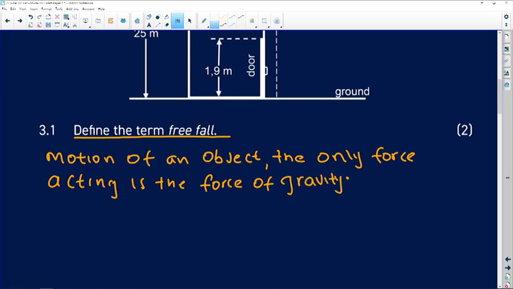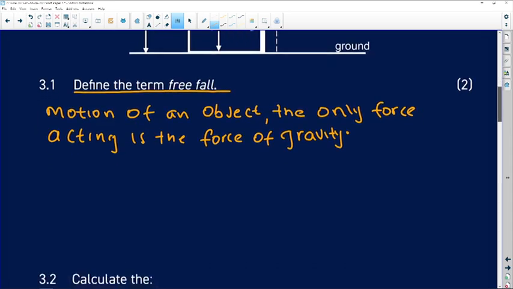You can answer this question by saying that the only force acting is gravity, or you can say that it's a motion under the influence of the force of gravity only, and therefore you get your 2 marks.